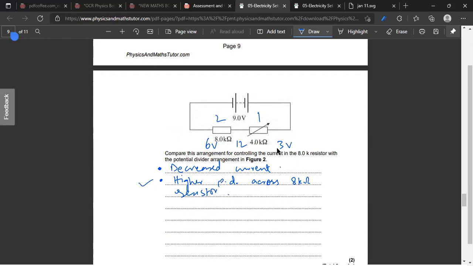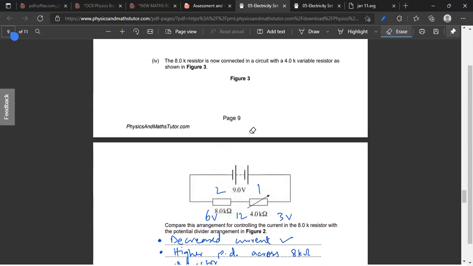They've only asked for the first point. They haven't asked us to write about the second point. In the question they say to compare this arrangement for controlling the current in the 8K resistor with the potential divider arrangement in figure 2. So we have to compare the current with respect to this.